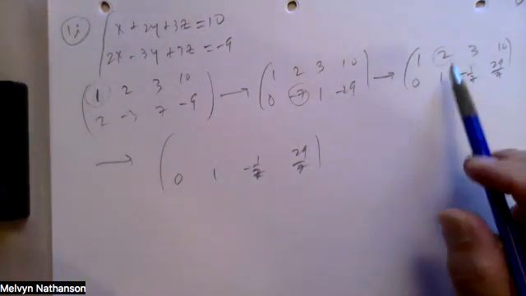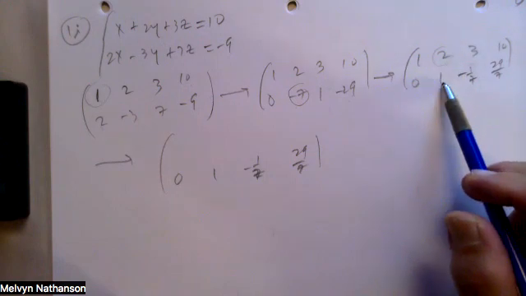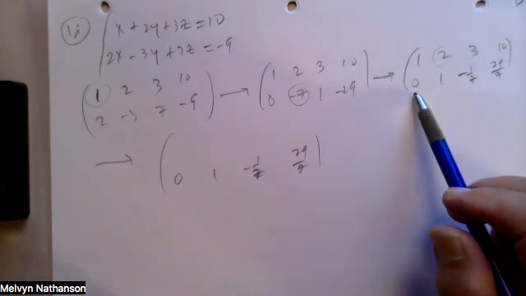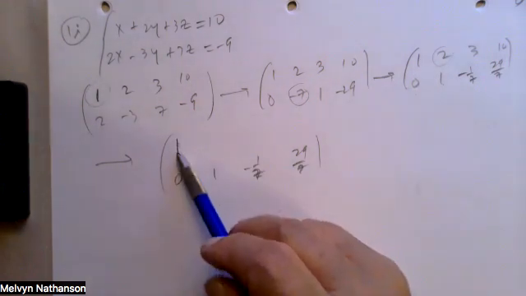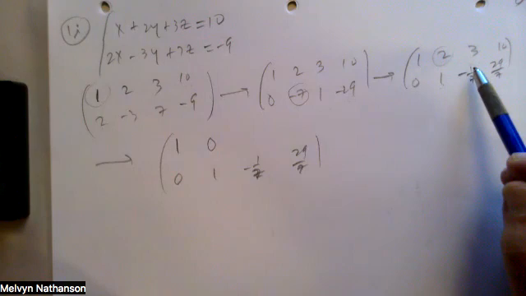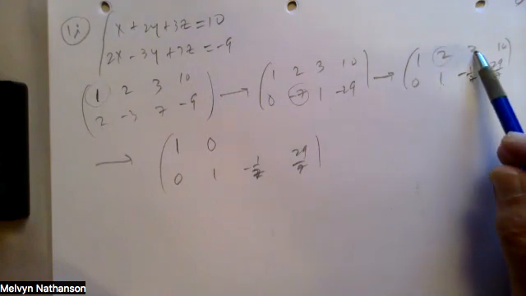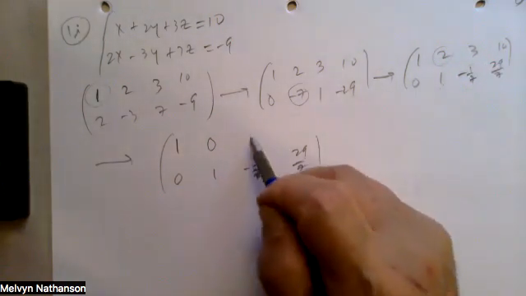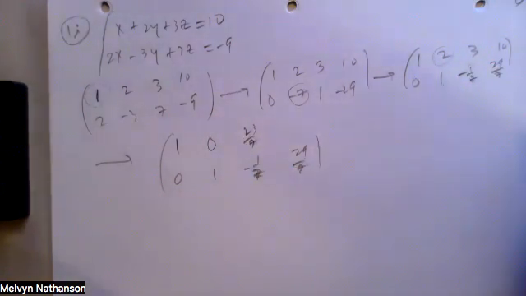So I take the first row minus twice the second. 1 minus 0 is 1. 2 minus 2 is 0. Multiply this by minus 2, like 2 sevens. 3 plus 2 sevens is 23 over 7.